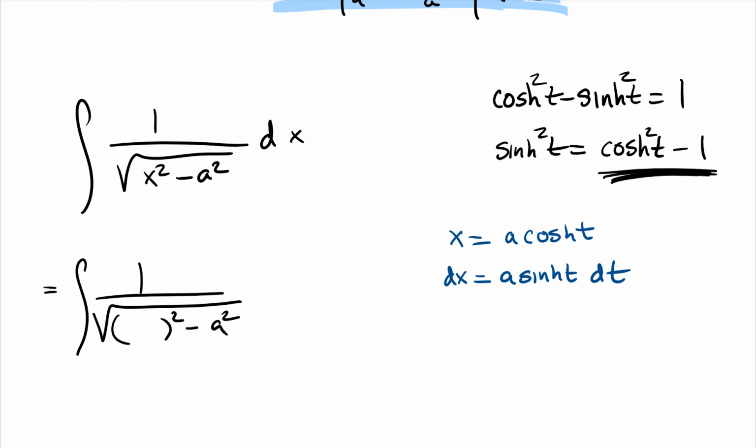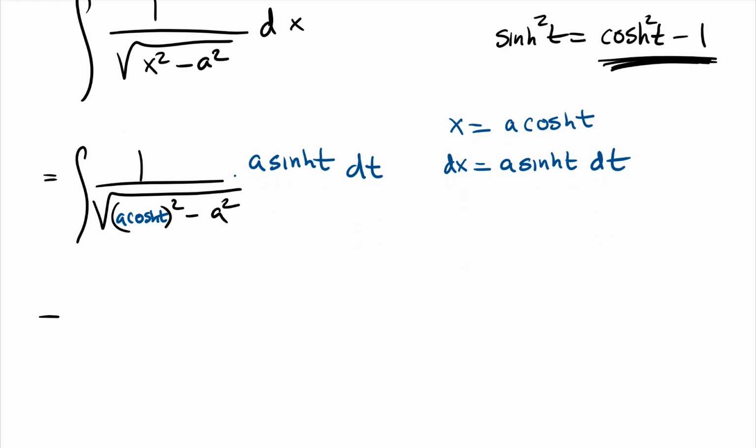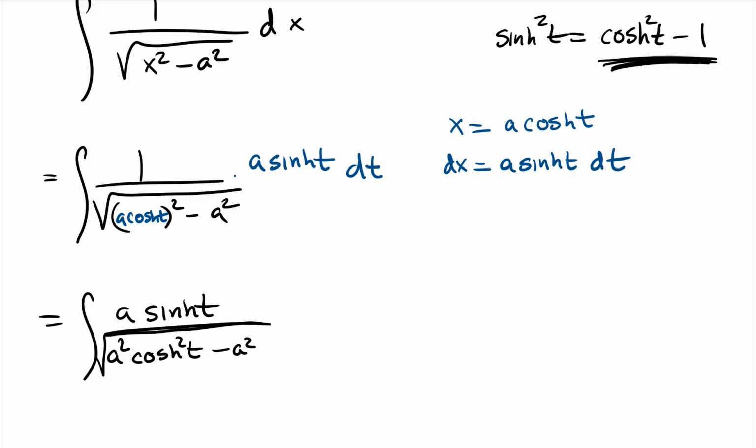So we're going to replace it with a cosh of t for that. And then we're going to have a times sinh of t dt. Okay. Where do we end up? Well, we have a times sinh of t all over the square root of a squared cosh squared of t minus a squared.